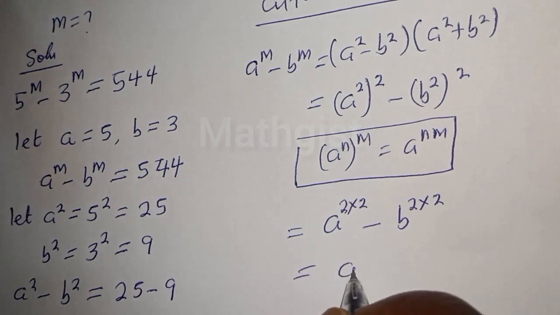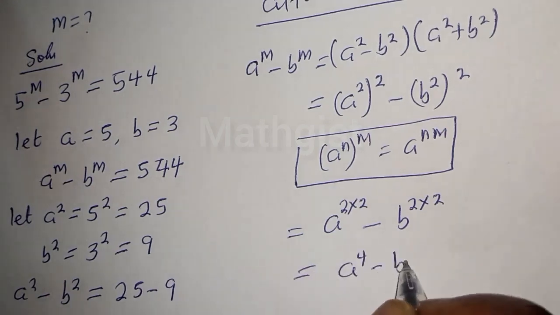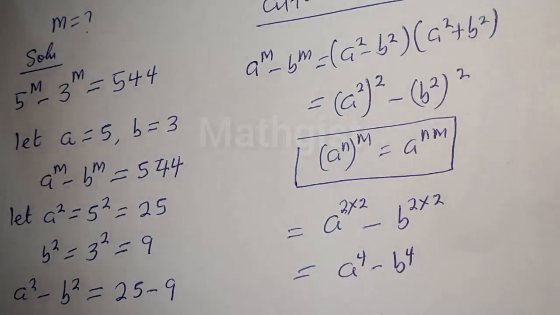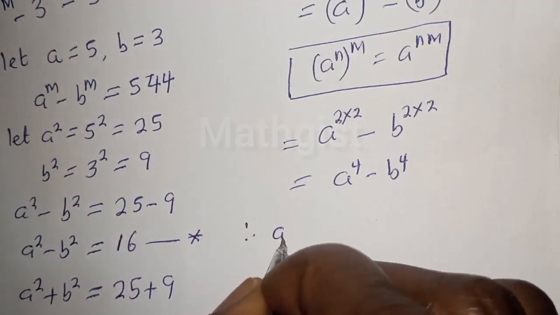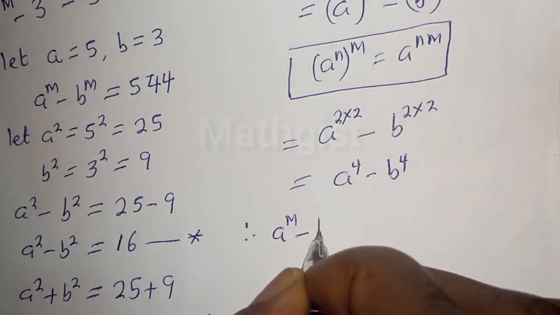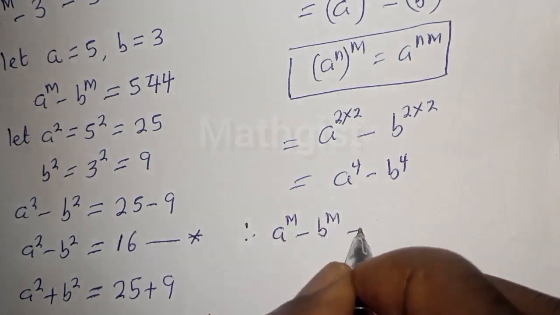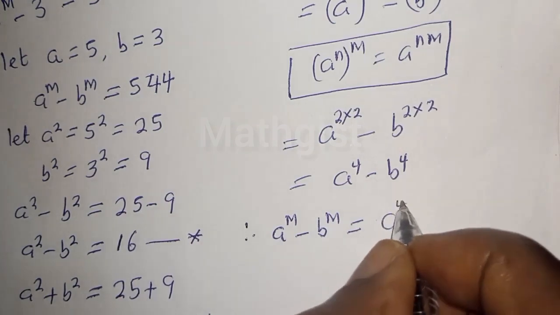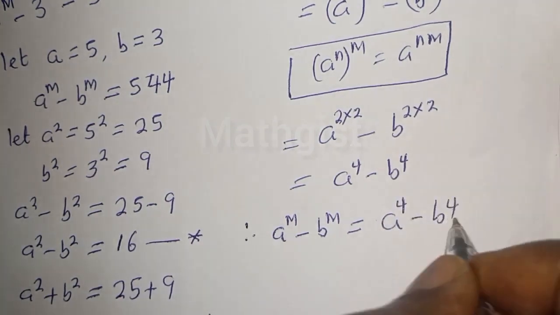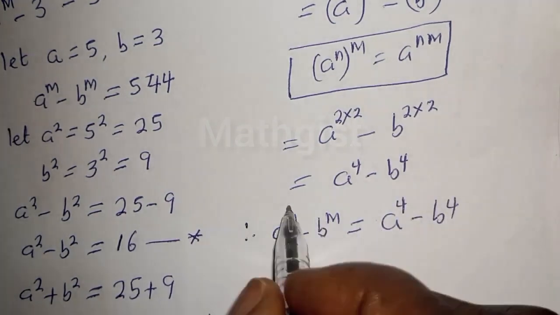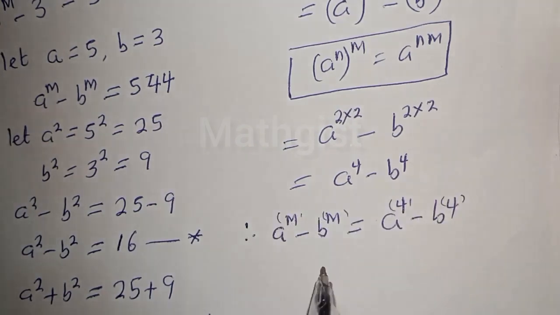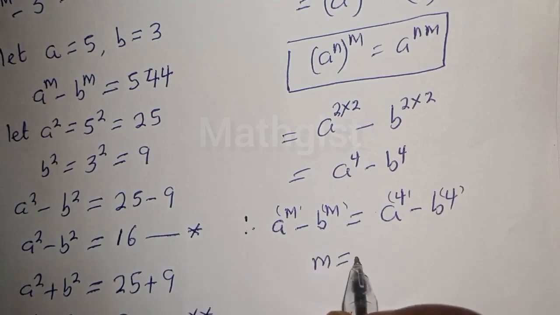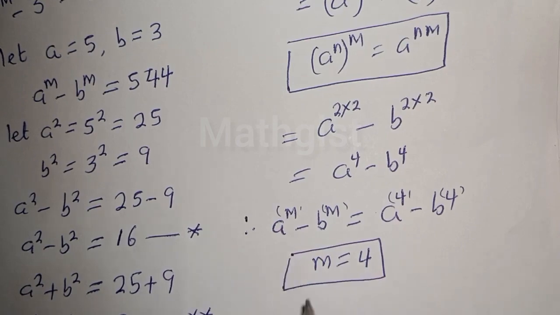This is equal to a raised to power 4 minus b raised to power 4. Therefore, a raised to power m minus b raised to power m is equal to a raised to power 4 minus b raised to power 4. And if you compare the exponent, m is equal to 4. And this is the final answer.